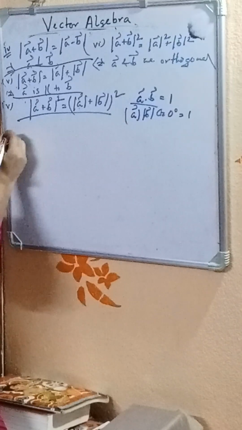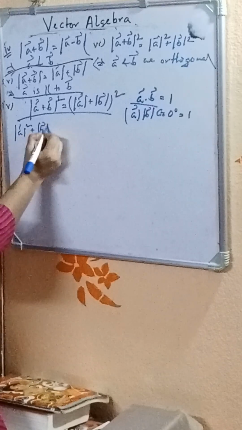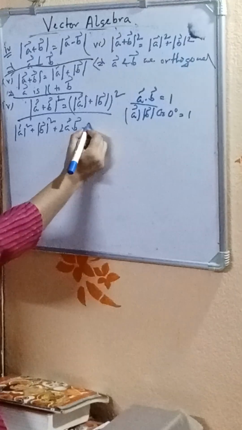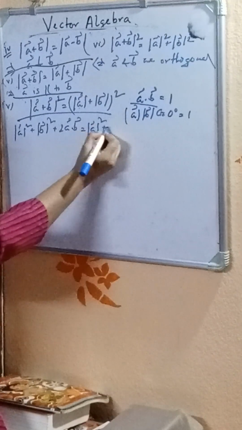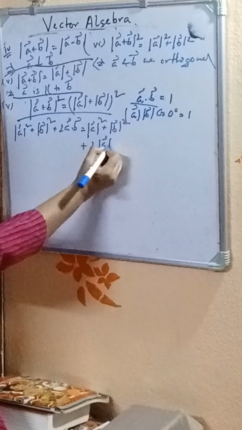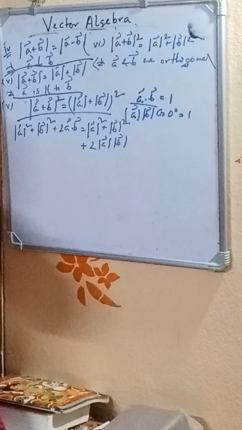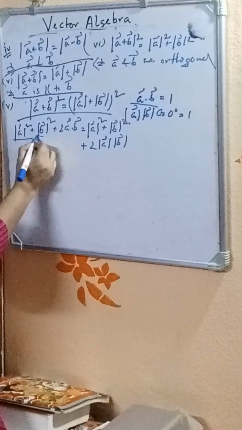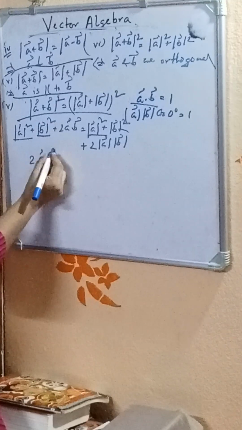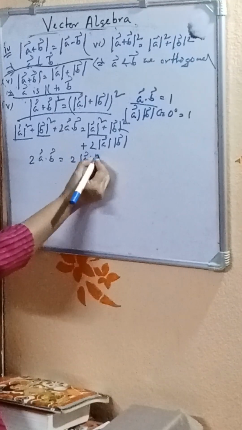So if we square both sides, then we get modulus of A vector square plus modulus of B vector square plus 2 A vector dot B vector equals modulus of A vector square plus modulus of B vector square plus 2 modulus of A vector modulus of B vector. Now these two terms will be cancelled. Now we get that A vector dot B vector equals modulus of A vector modulus of B vector.